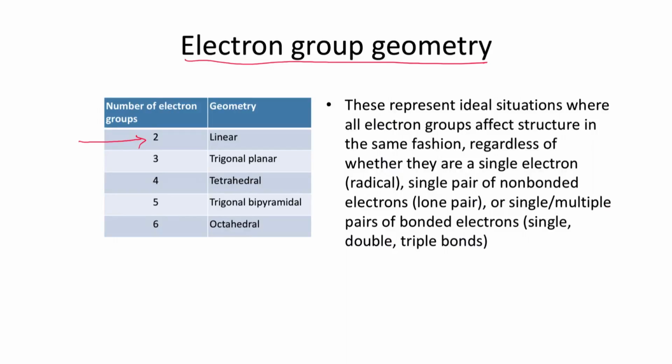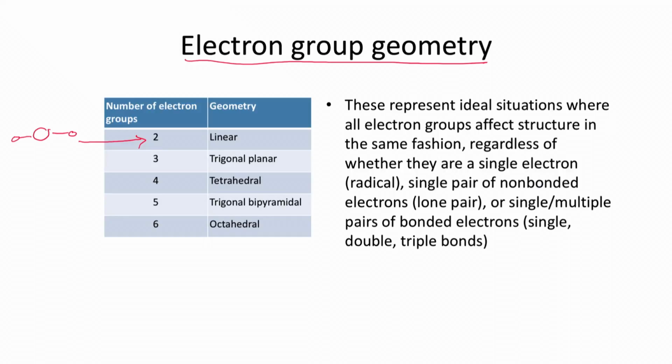The point is that these electrons here and these electrons here repel each other, so they want to be as far away from each other as possible. The best way to do that, if I move my arms around, is right about here, 180 degrees apart. So that's going to be a linear geometry. So imagine a central atom here, and then one here, and another one over there.